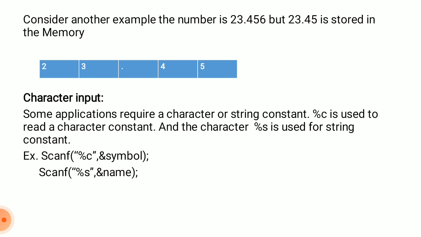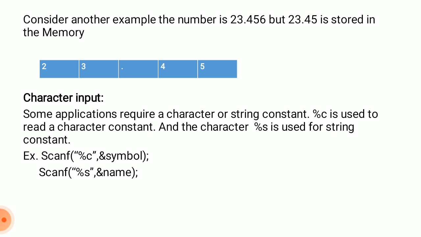Let's see another example: 23.456. What is the field width? 5. But the number we are trying to enter has 6 characters, including the decimal point. So there are 6 characters, but it stores only 23.45.